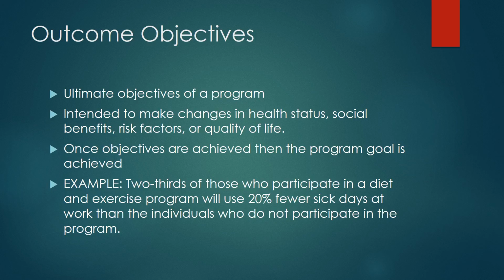An example of an outcome objective is stated as 2/3 of those who participate in a diet and exercise program will use 20% fewer sick days at work than the individuals who do not participate in the program. The statement is considered an outcome objective because it describes an overall outcome as a result of the program.